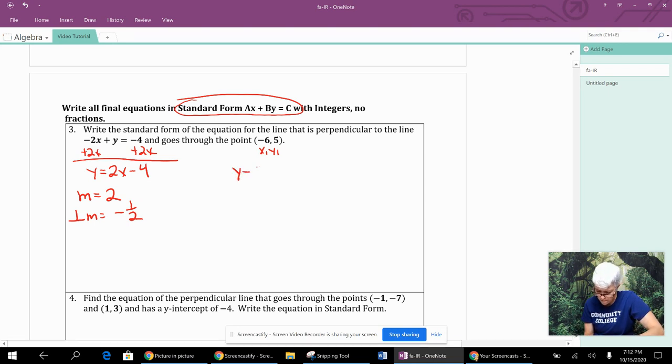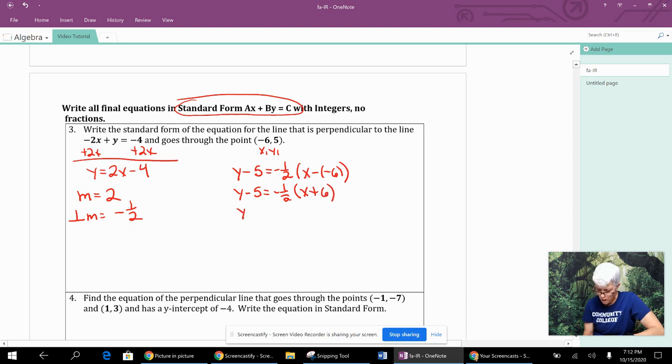Y minus 5 equals a negative 1/2 x minus a negative 6. Whoops, let me go ahead and back up just a second here. Before I do that, let's clean this up.